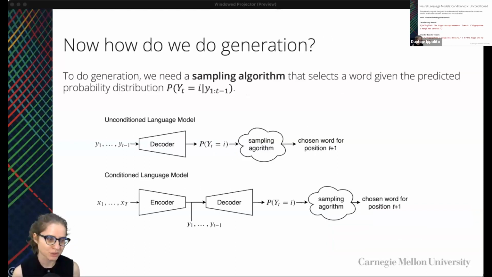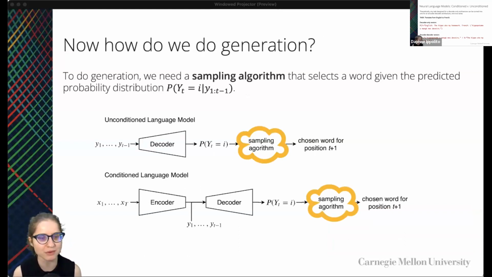Okay, so far we haven't actually talked about generation. We've just talked about language models outputting probabilities, but obviously you're all here because you care about generation and language models generating text. To actually do generation, we need something called a sampling algorithm. All the sampling algorithm does is say, given this probability distribution predicted by the model, how do I pick a word to generate?